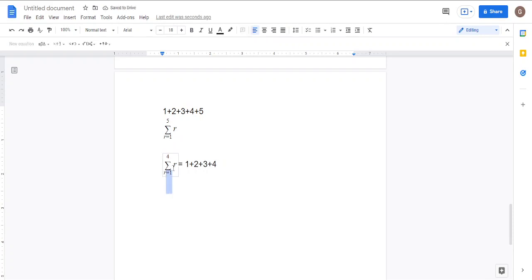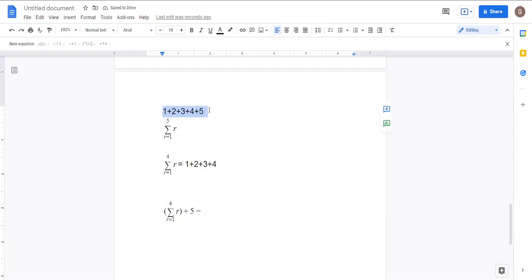Now if we added 5 to both sides, so if I copy this, the sum from r is equal to 1 to 4 of r, plus 5. Let me do it separately so I don't confuse you. Let me put this in brackets. So the sum of that plus 5 is equal to this first line here.